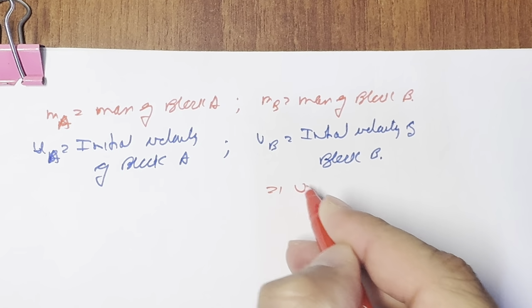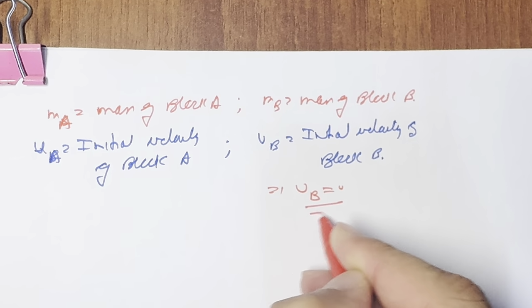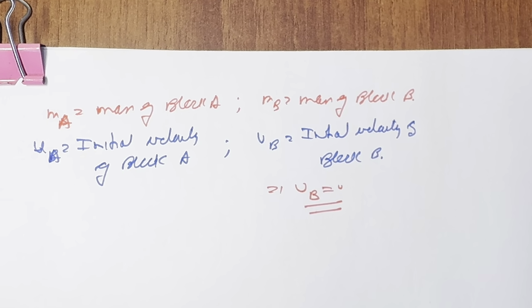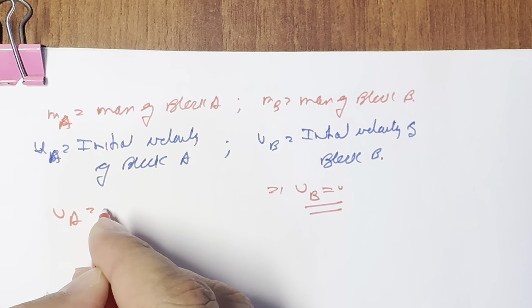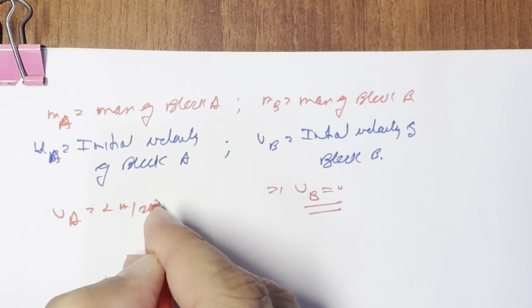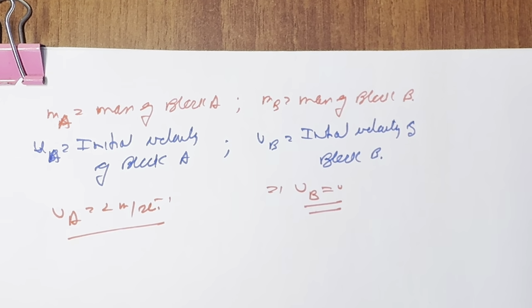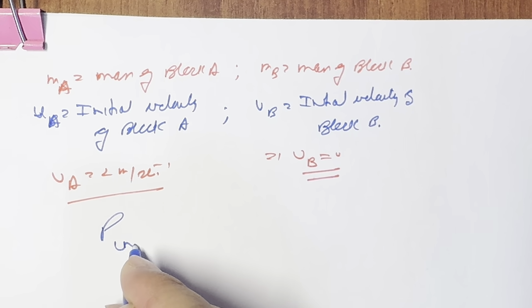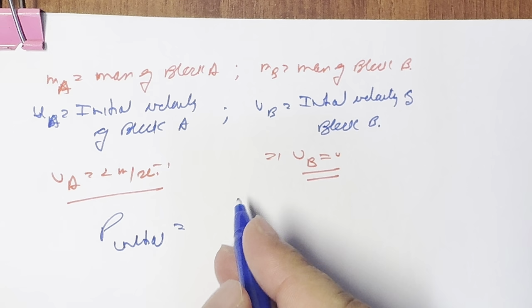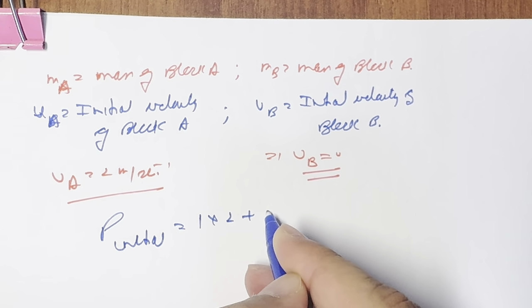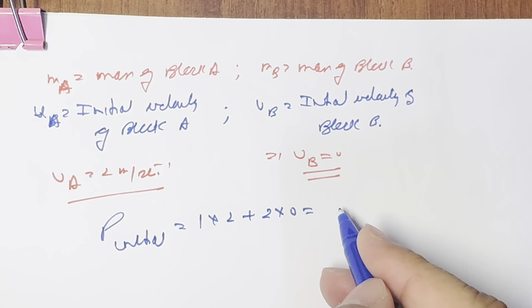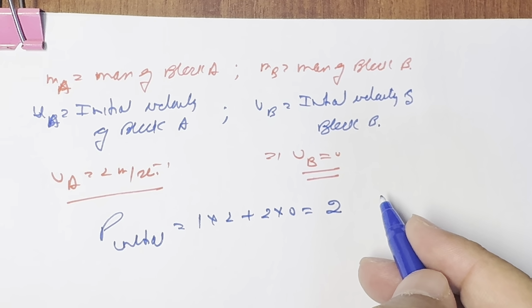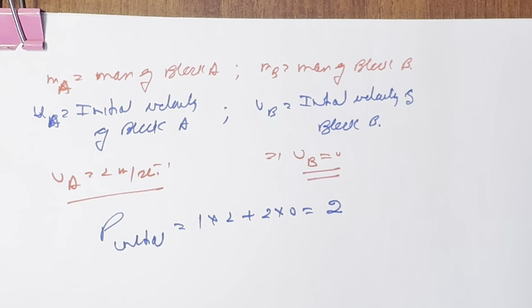So UB is equal to 0 and UA is given as 2 meter per second. So we can write P initial will be equal to 1 multiplied by 2 plus 2 multiplied by 0. This gives us 2. Momentum initial is equal to 2.